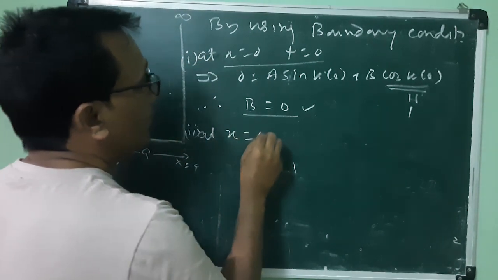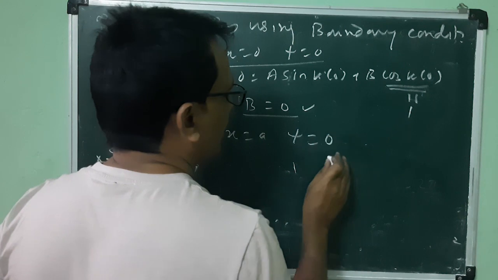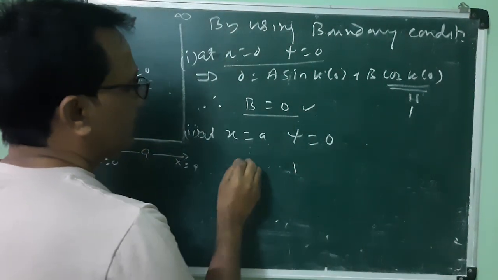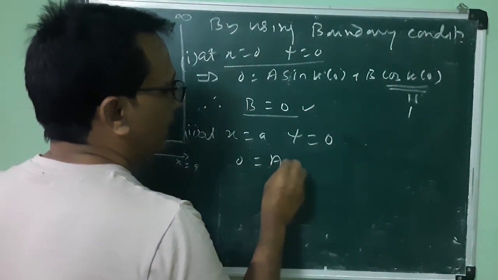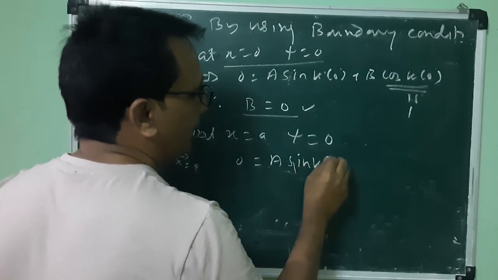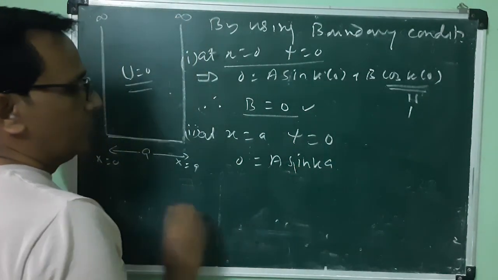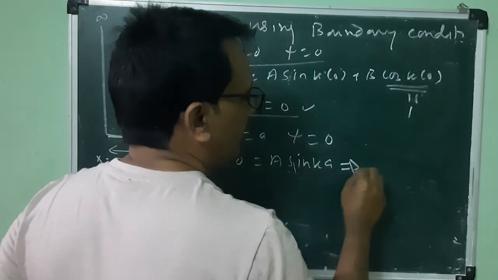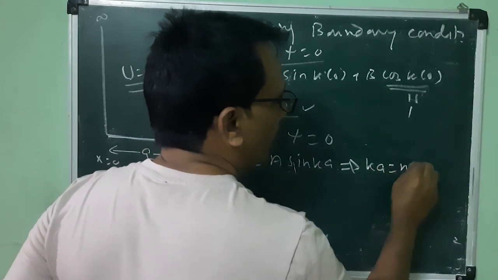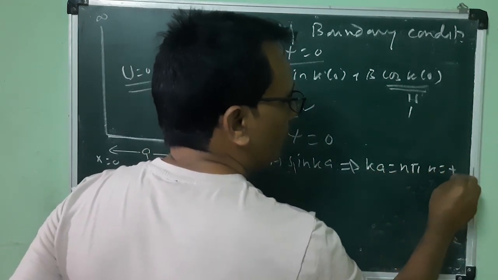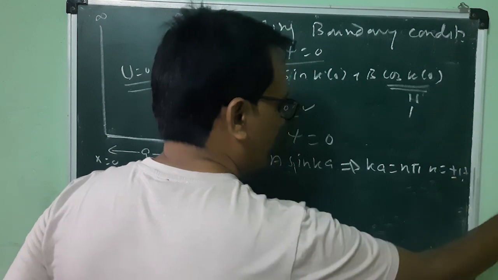At x equal to A, again this wave function psi is equal to 0. So here 0 equals A sin kA. So this implies kA equals n pi, where n equals plus minus 1, plus minus 2 and so on.